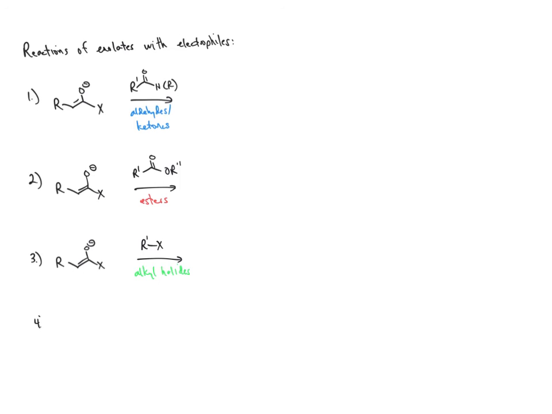And finally, the fourth thing that we're going to have these enolates react with are what are known as alpha-beta unsaturated systems. Alpha-beta unsaturated ketones, esters, aldehydes, etc.